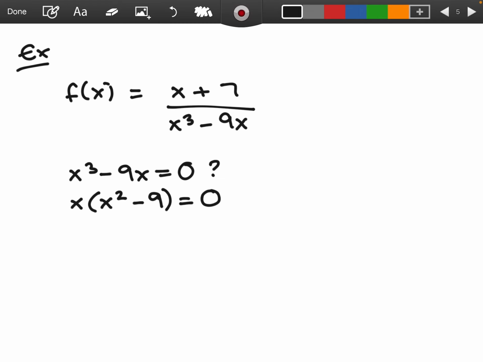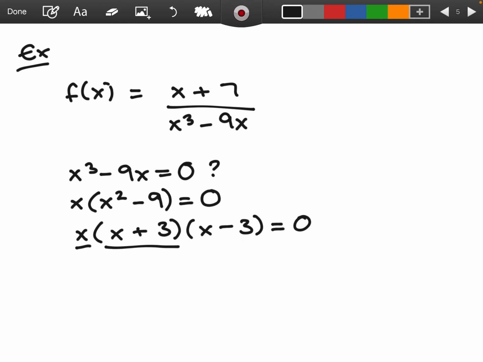And then x squared minus 9, I need to factor that. You can factor quadratics however you like, using the quadratic formula, completely up to you how you do it. That would give me x plus 3 and x minus 3.